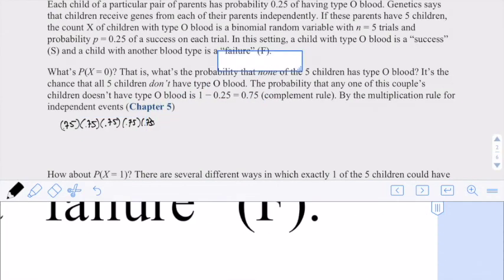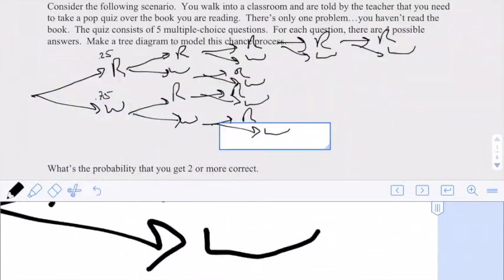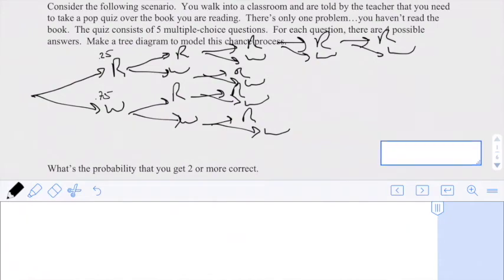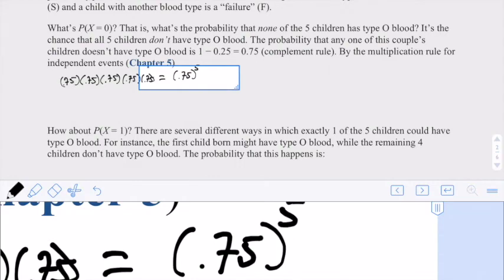If we think back to our original tree diagram, that only happens one time. There's only one way to do that. To clean this up with some algebra, I could say 0.75 to the 5th power.